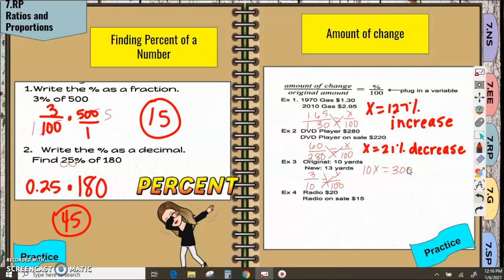This gives me my one-step equation, so I can divide by 10 on both sides. And that leaves me with 30%. It went up from 10 to 13, so that is an increase.